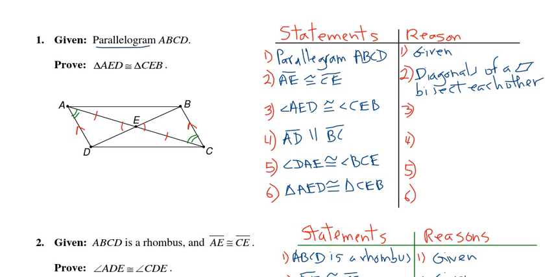And the next thing that I have is angle AED congruent to angle CEB. Those are the two vertical angles, so that will be the reason: vertical angles are congruent.